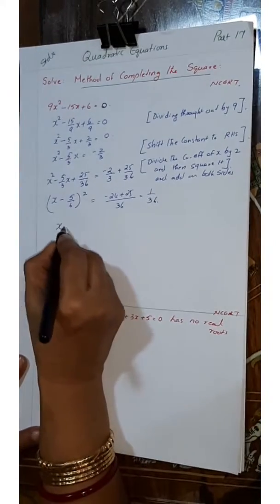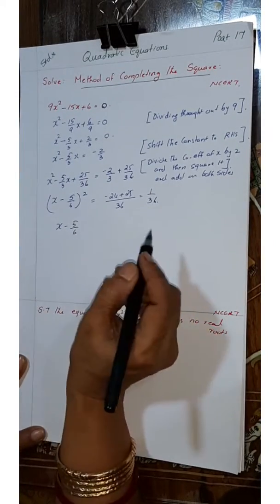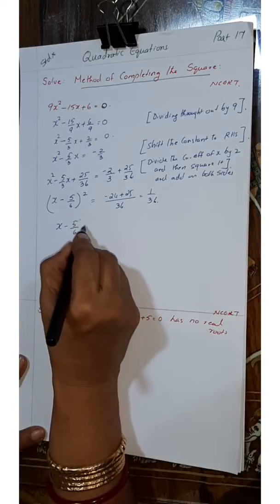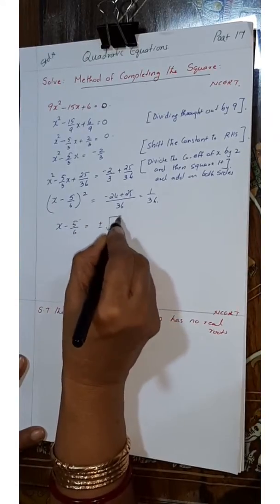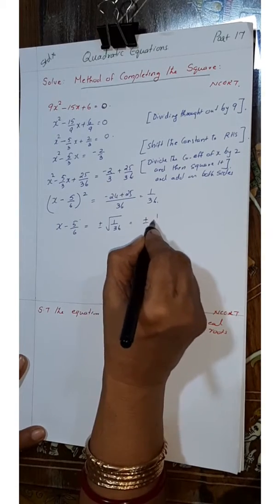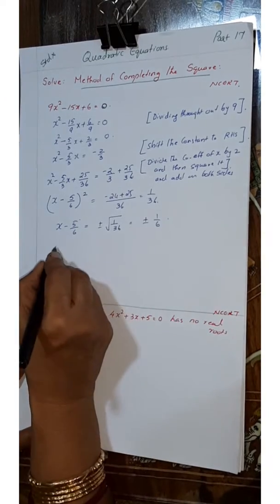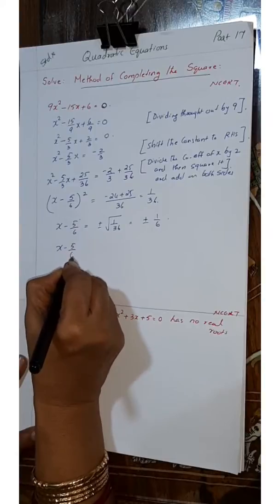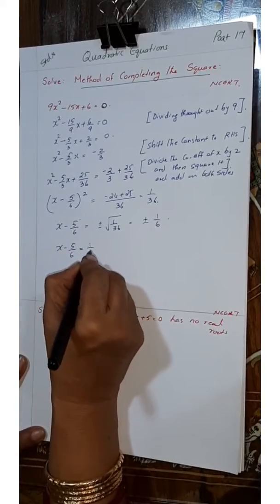So x minus 5 by 6 is equal to plus or minus root of 1 by 36, that is equal to plus or minus 1 by 6. Now x minus 5 by 6 is equal to 1 by 6.